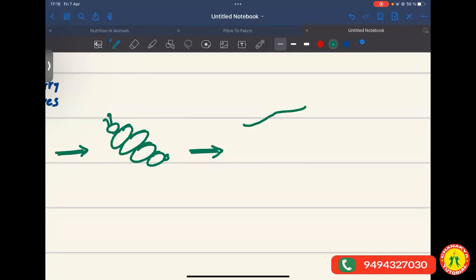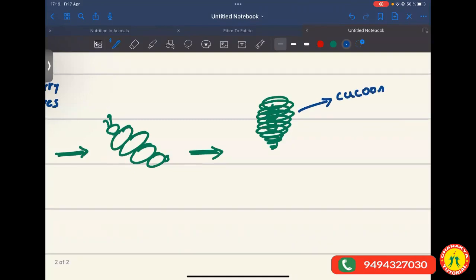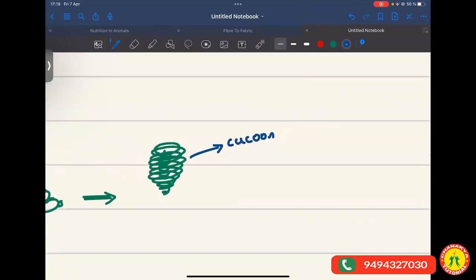So they secrete this thread and they sit inside it and weave the thread around themselves. Like this, they'll weave. This is called a cocoon. And it'll take maybe 2 weeks or something.